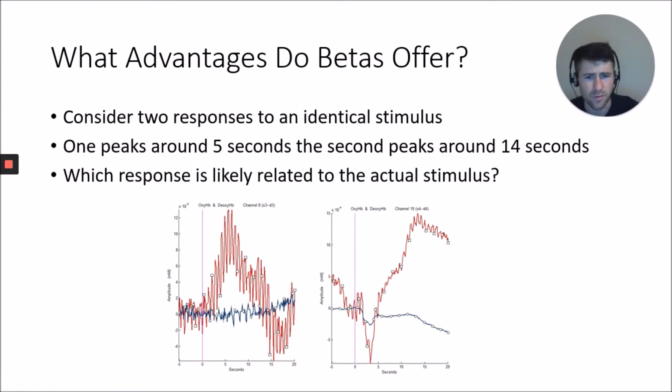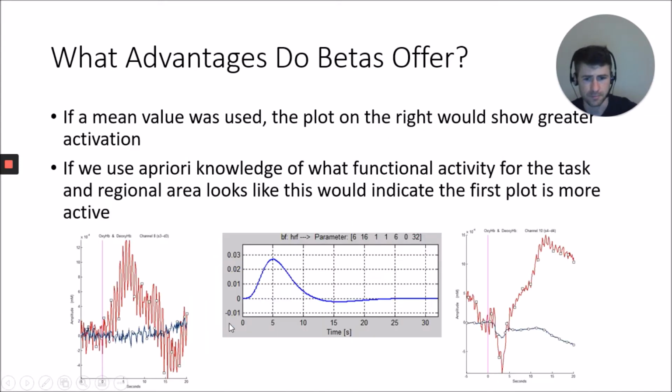So which one of these is likely more related to the task at hand, the one that started at this vertical pink line? Well, if we look at the model and we consider the model to be accurate, the one on the left fits the model exactly. There's almost nothing around it other than the heart rate that we haven't filtered out.